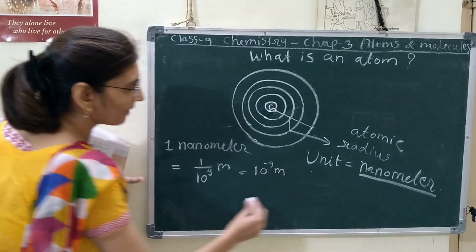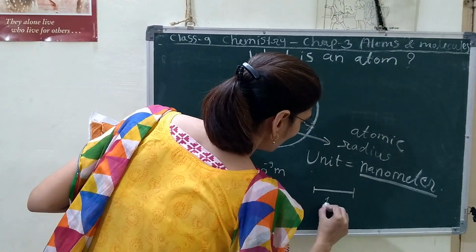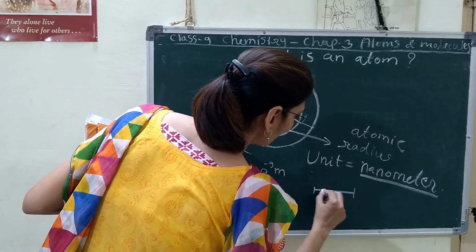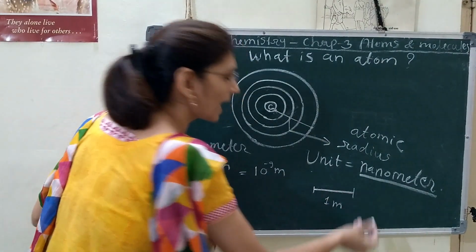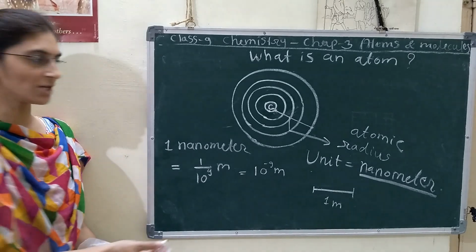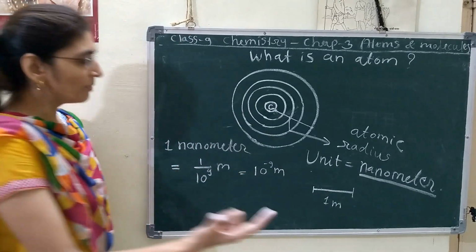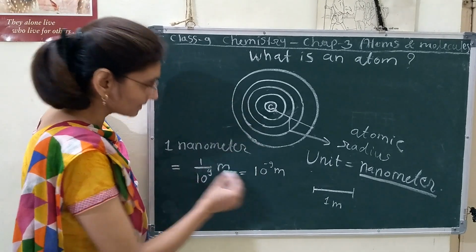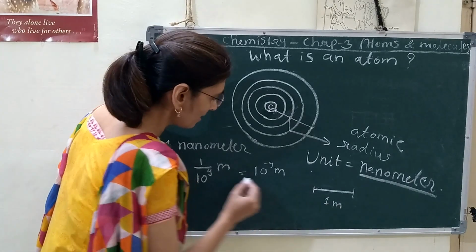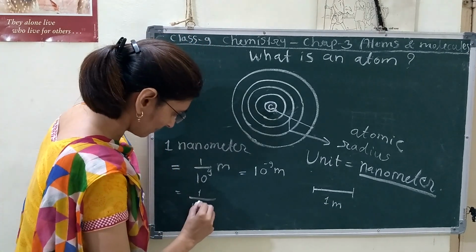It means if we divide 1 meter into 1 billion parts, can you imagine 1 meter getting divided into 1 billion parts? How small it may be, you can understand. 10 to the power minus 9 means 1 billion.